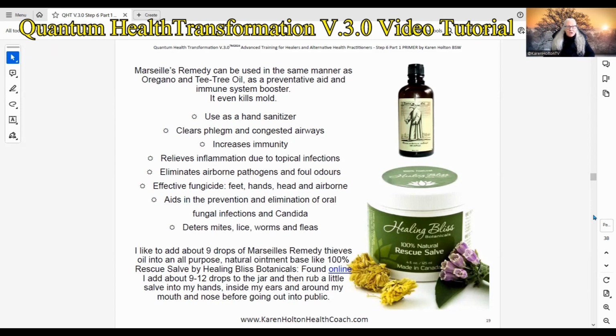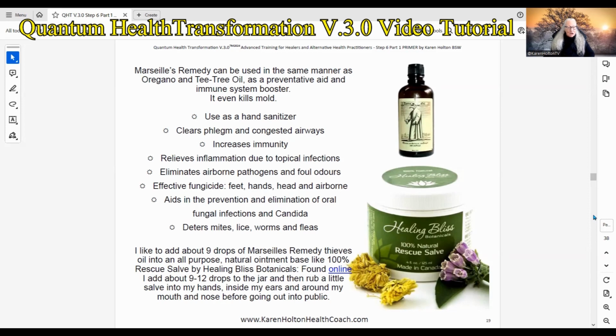Marseille's remedy can be used in the same manner as oregano and tea tree oil as a preventative aid and immune system booster. It even kills mold. You can use it as a hand sanitizer. It clears phlegm and congested airways. It increases immunity. It relieves inflammation due to topical infections.